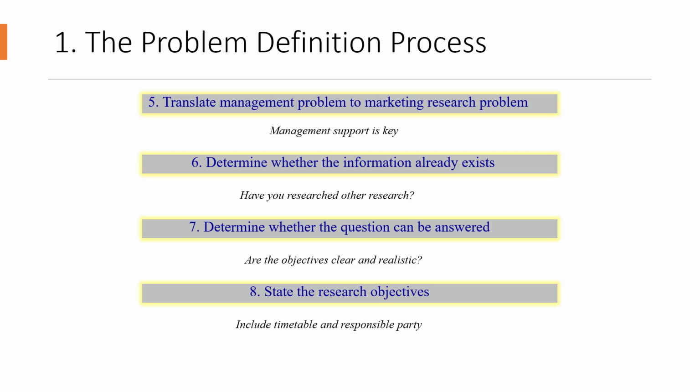Okay. And then number 7 is determine whether the question can be answered. Are the objectives clear and realistic? Meaning that once you decide, okay, we want to figure out why sales are going down, is this question going to be able to find a solution?